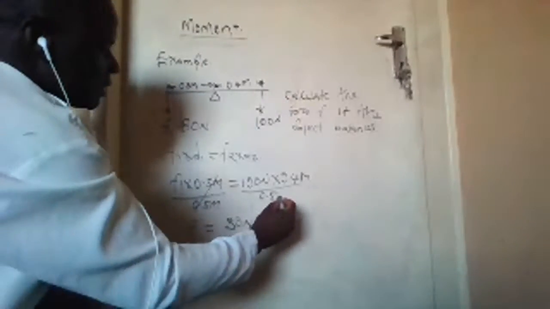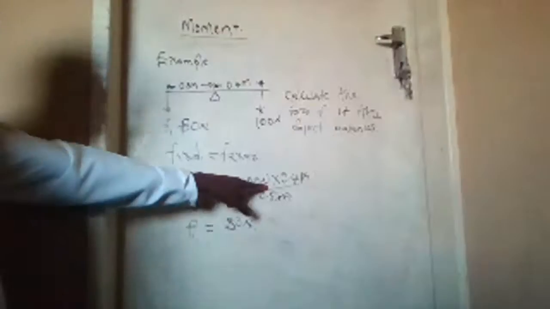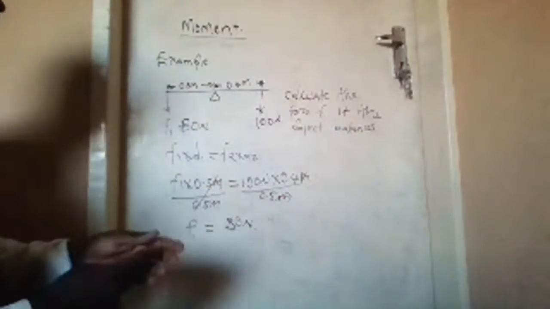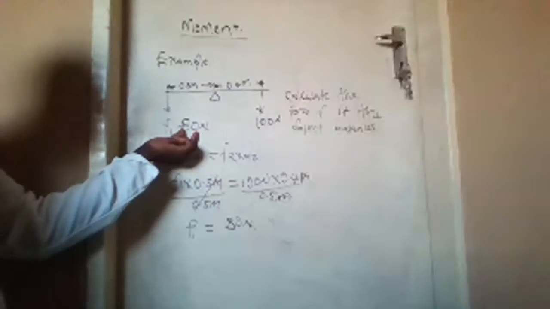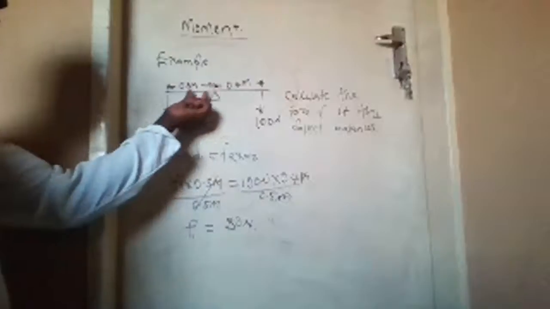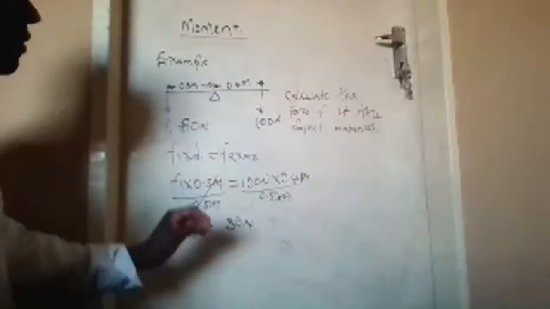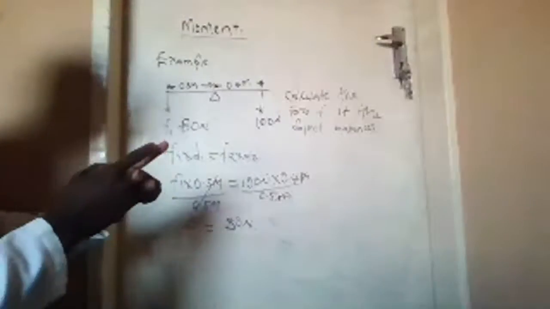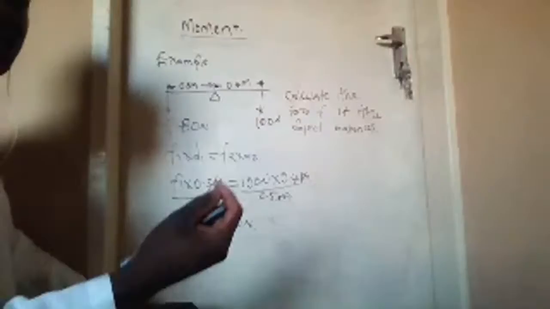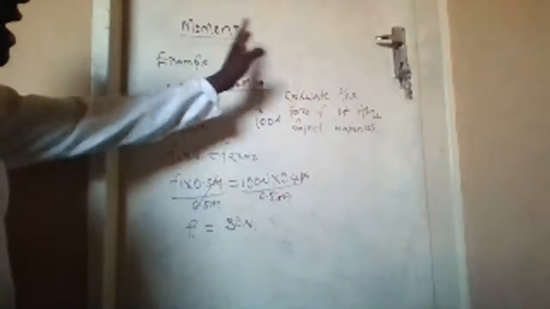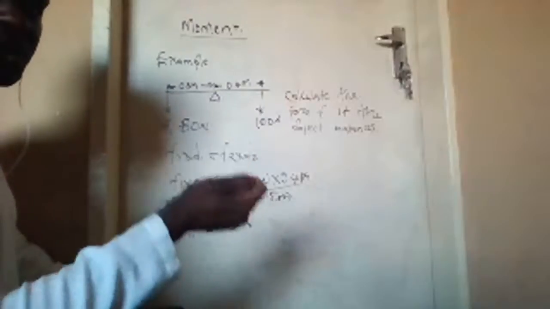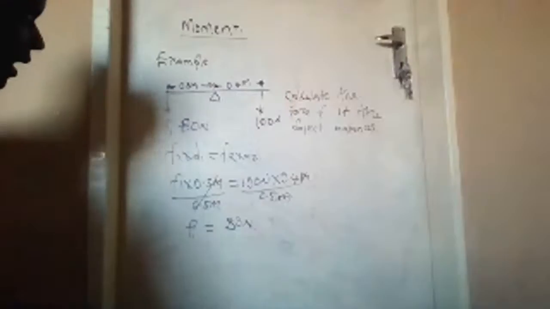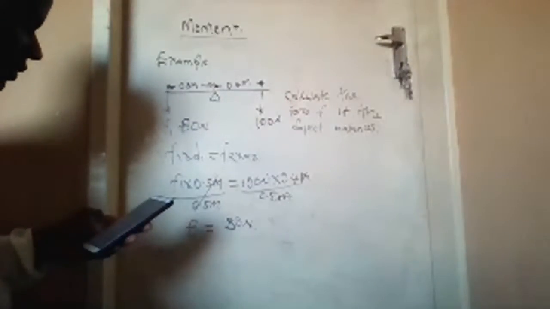So what are we going to do? If this object is balanced, we go to the principle of moments, which states that the sum of the anti-clockwise moments is the same as the sum of the clockwise moments. So we say F1 times distance 1 will be equal to F2 times distance 2.